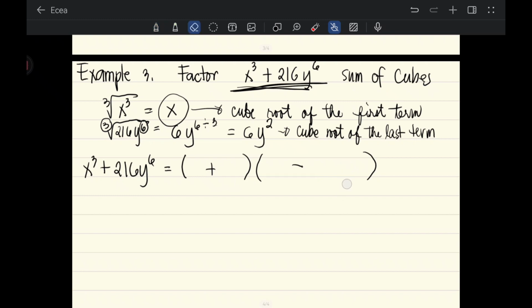Okay. Now, since we have the cube roots of the first and last terms, you are going to write x and 6y squared. After, si x, atong ipangitaon ang squares by multiplying to itself. So, that is x squared. Si x squared, isulat dari.